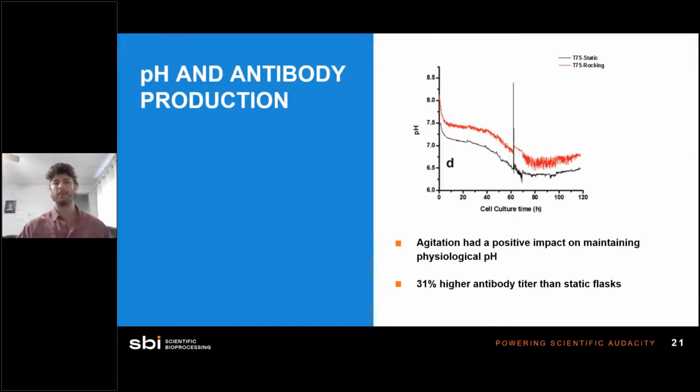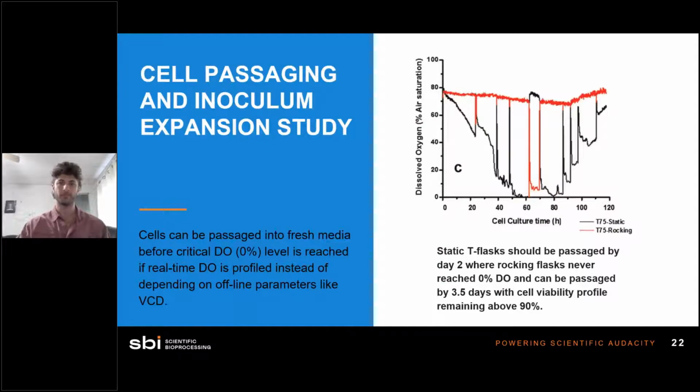If you agitate that media, you can dilute that CO2, that acidity, and allow the cells to breathe, but also regulate the pH a little better. And what we see here, unsurprisingly, is that the cells that were rocking were healthier and happier because of this physiological level of pH, and had a 31% higher antibody titer than the static flasks.